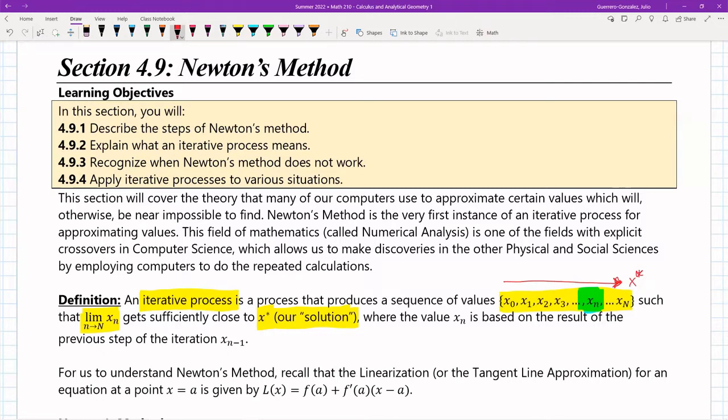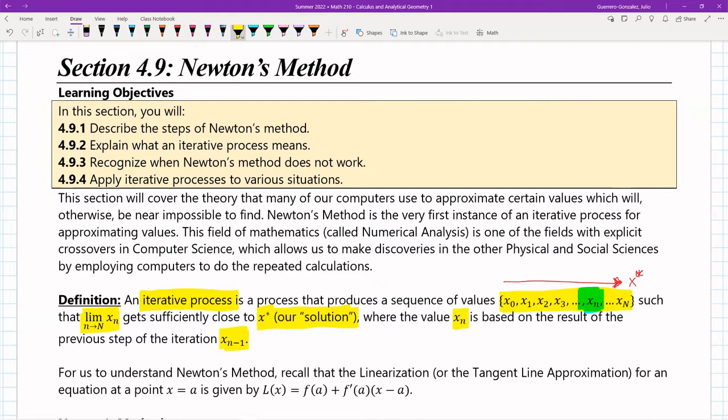And there's one more thing about an iterative process: xn, any value in this list, okay, is based on the result from the previous step of the iteration. So basically, x2 depended on x1. x3 depended on x2. That's what I mean, okay?